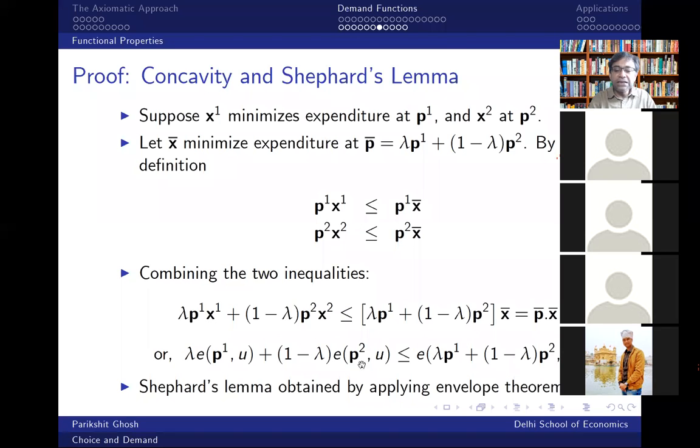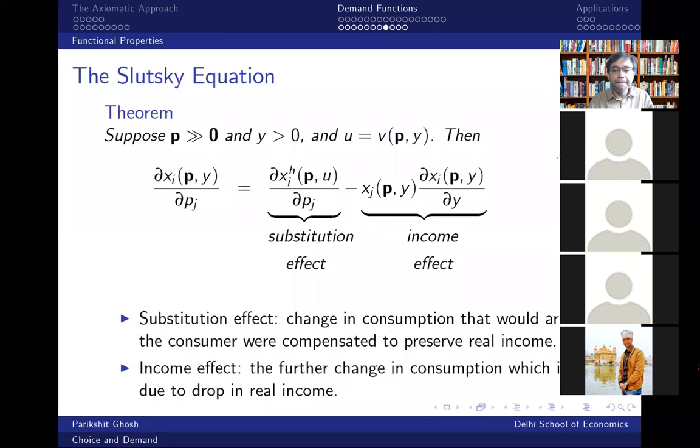So this is the inequality which defines concave functions. So the expenditure function satisfies the definition of concavity. And so it's concave. All right. Questions? Okay, let me move on.